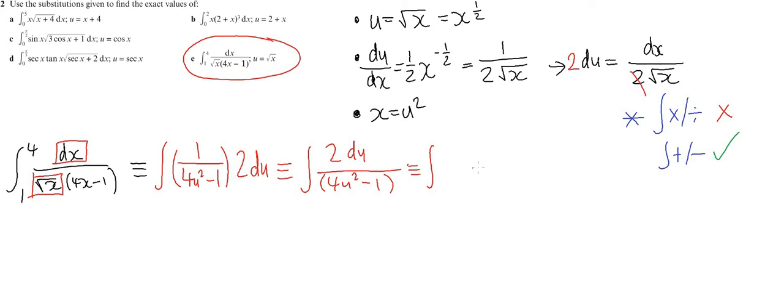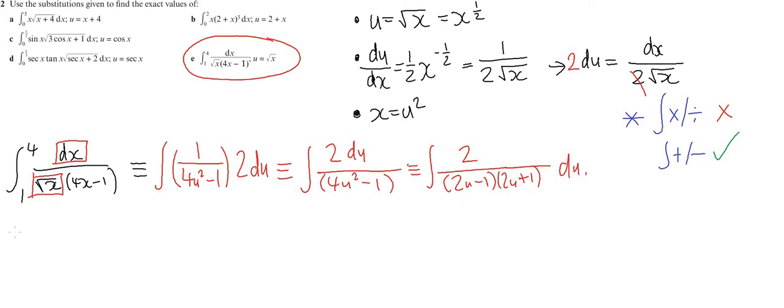So using our mathematical knowledge, we can split 2 over 4u squared minus 1 into 2 over (2u minus 1)(2u plus 1) du. Okay, so now I've used brackets to separate that into 2 parts.